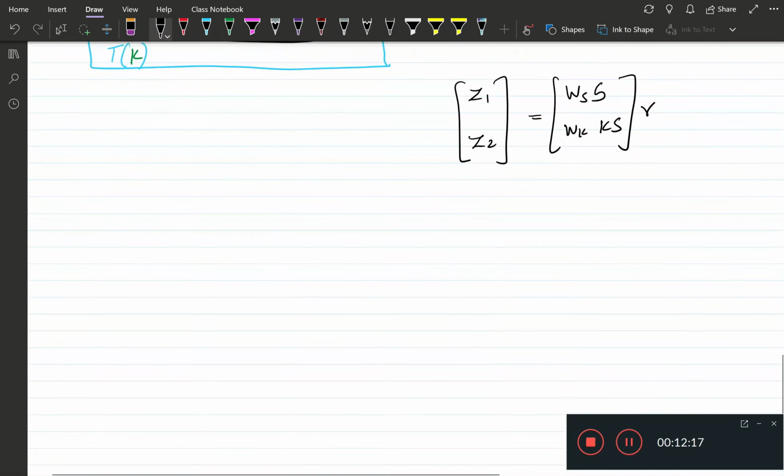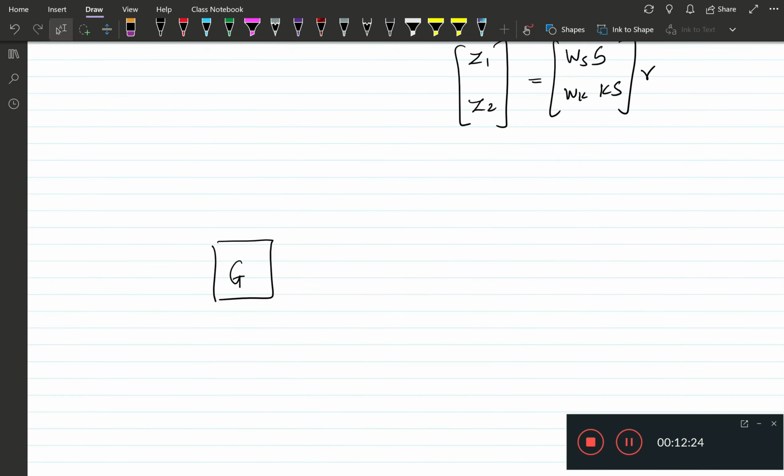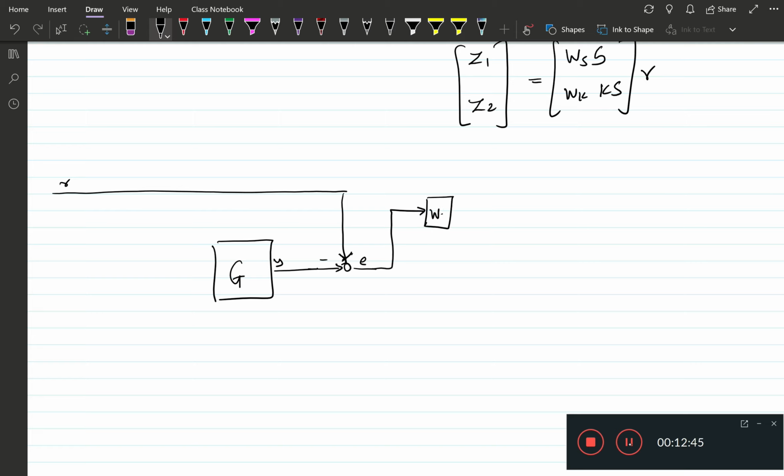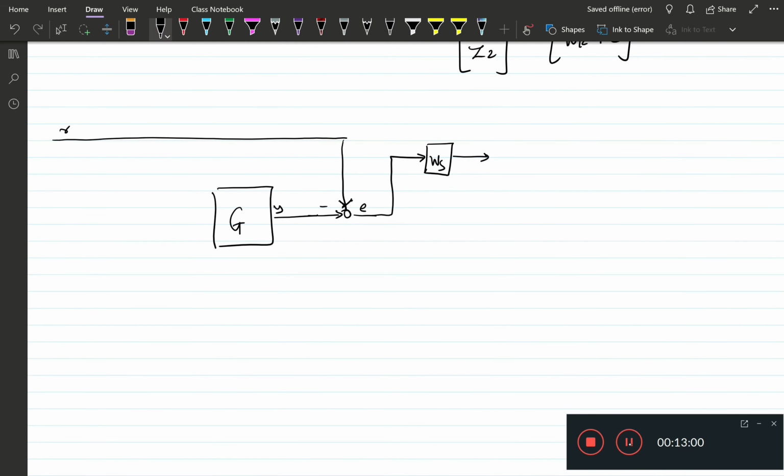So now the same loop, now I will just move the K down, so that's still our G. The output of G is y, so that would be r, this would be e, then we would have a K block below that we want to find.